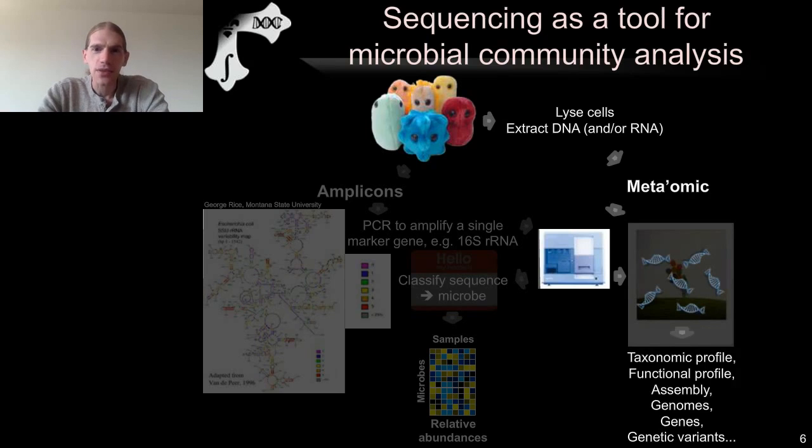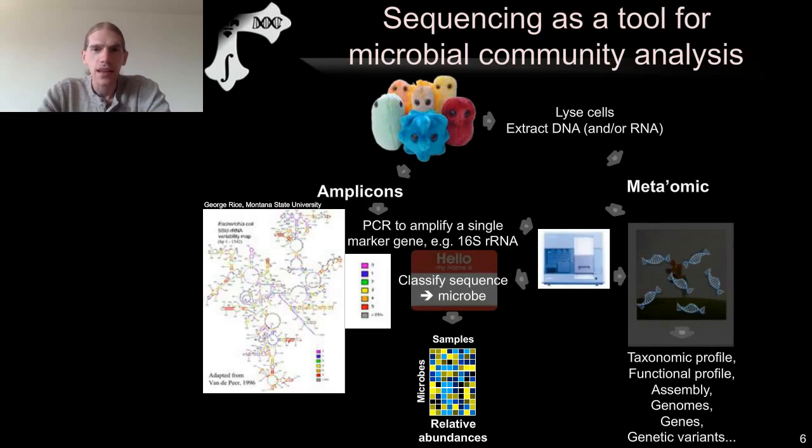But as a result, you can see not just a taxonomic profile of which microbes are present, like you might from amplicon sequencing, but a functional profile of what, say, metabolism or pathways are present in the community. You can assemble contigs or increasingly near whole genomes from a metagenome, and this provides you an idea of which genomes, what gene content, and even if you sequence enough or have a simple enough community, what types of genetic variants might be present.